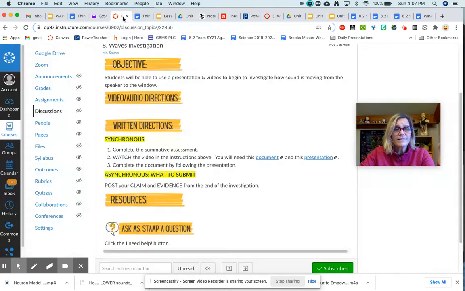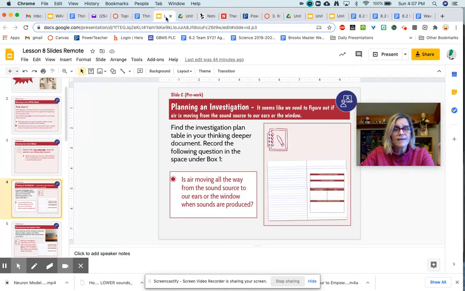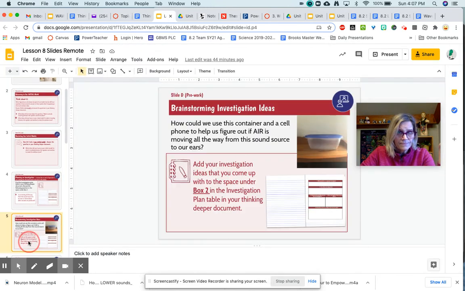How will we investigate this? So look at slide D. You can see right here at the top, this is slide D. It says, how could we use this container and a cell phone to help us figure out if air is moving all the way from this sound source to our ears? So think about it.